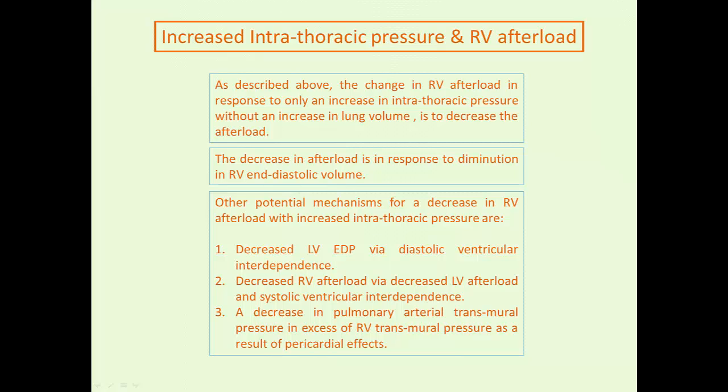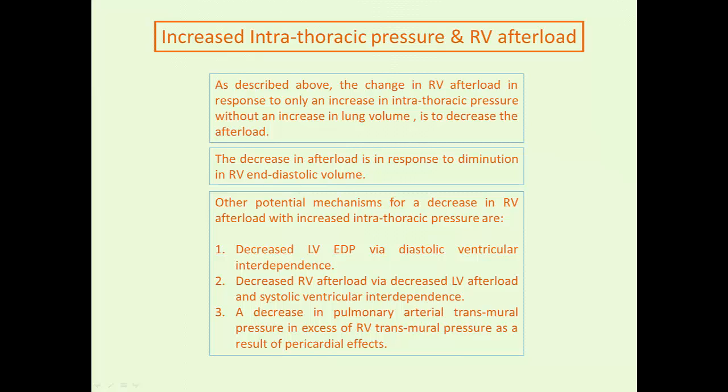There may also be a decrease in right ventricular afterload via decreased left ventricular afterload and systolic interdependence. The left ventricle helps the right ventricle contract, and it's quoted that maybe 40 to 60% of the systolic pressure generated by the right ventricle is actually generated by muscular contraction of the left ventricle.